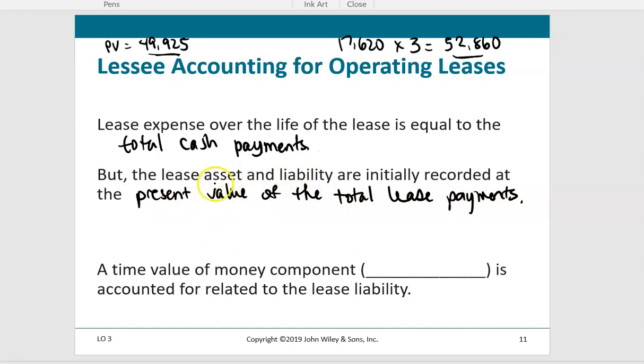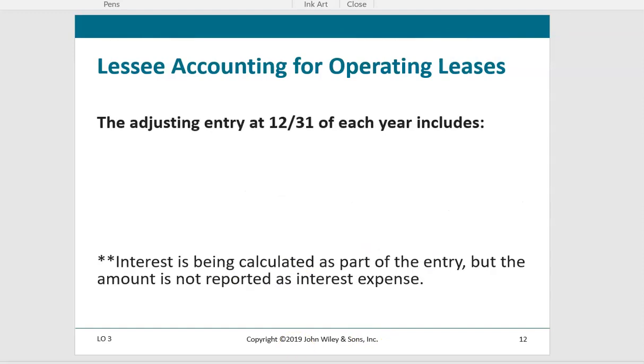So if we just recorded the decrease in the asset and the liability, we would have this mismatch between the total expense over the lease term and the amount by which we're reducing the asset and liability. So therefore, a time value of money component, also referred to as interest, is accounted for related to the lease liability. Here's what another component of the adjusting entry would look like. So remember, we said one component was the lease expense, as total lease payments divided by the lease term. A second component of our adjusting entry is the increase in the lease liability.